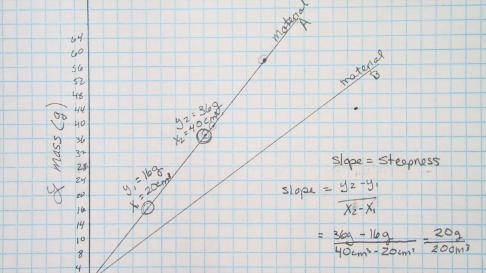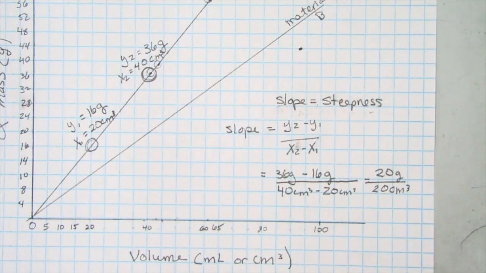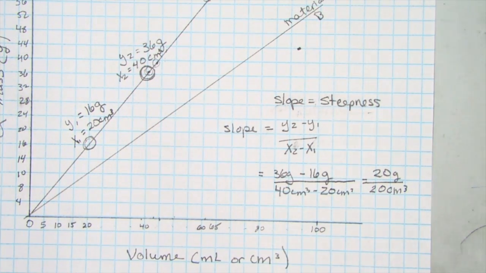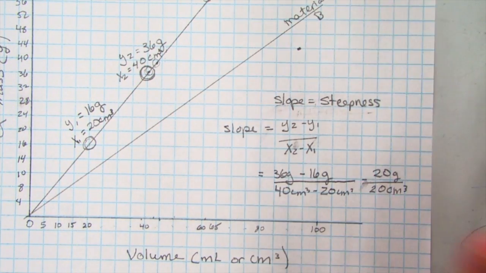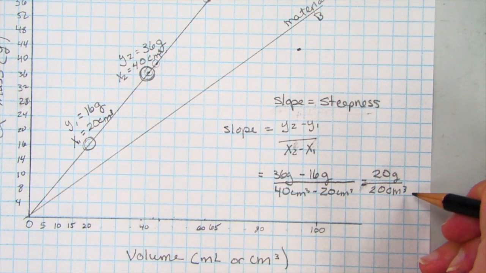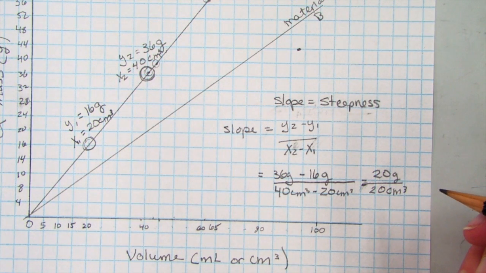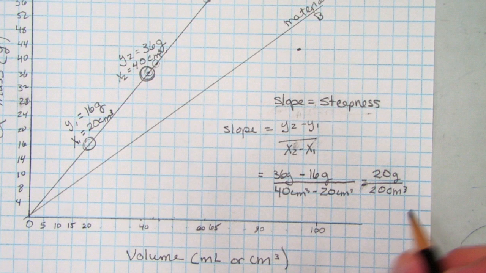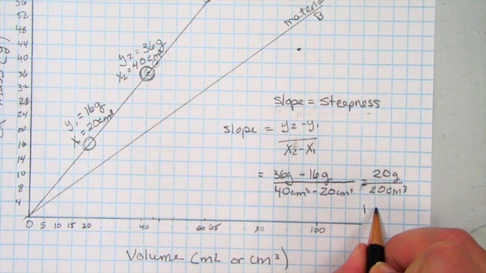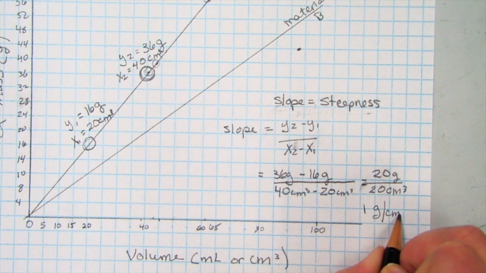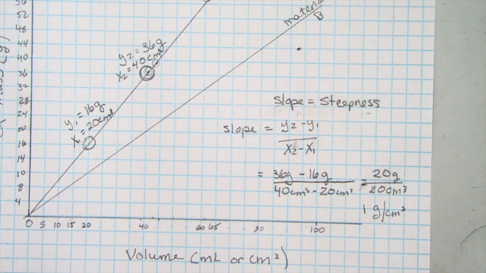But I'm not simplified as much as I could be yet. I need to simplify it all the way down to where I say so many grams over 1 cubic centimeter. 20 divided by 20 is indeed 1 gram per centimeter cubed.